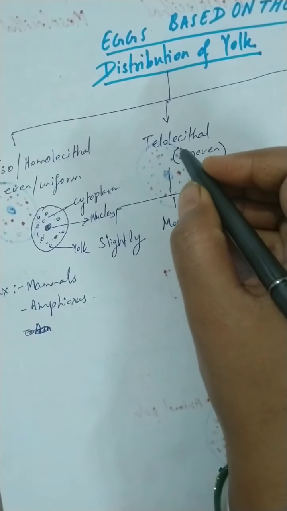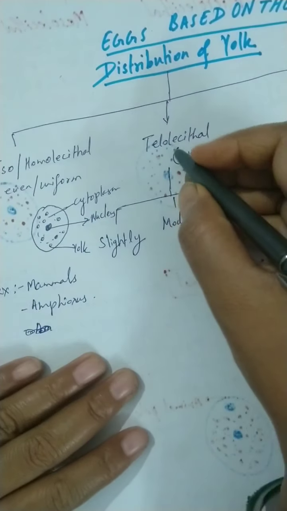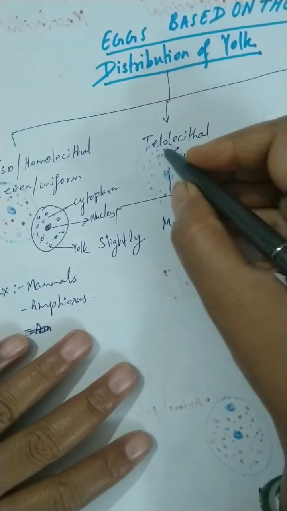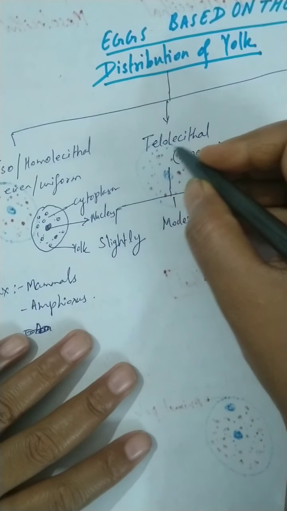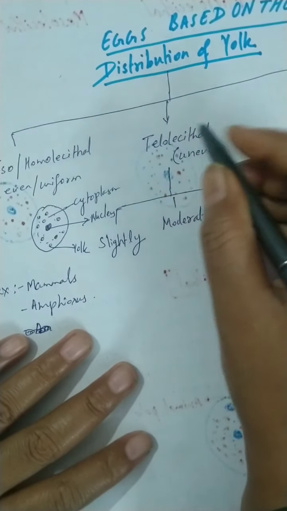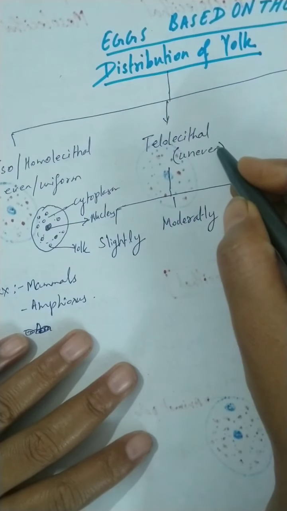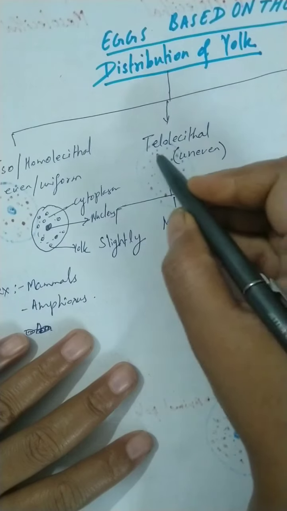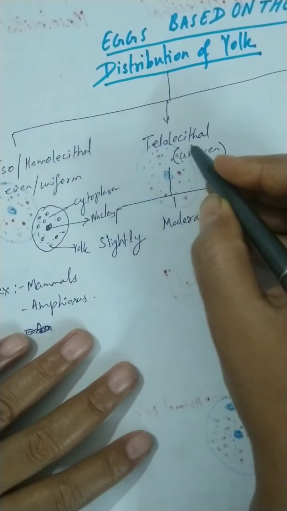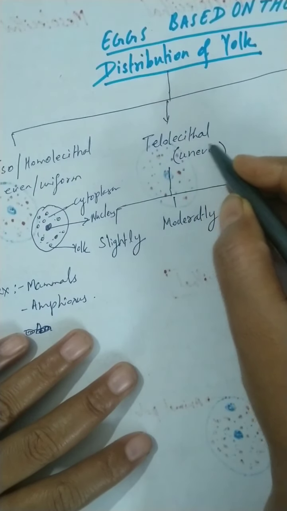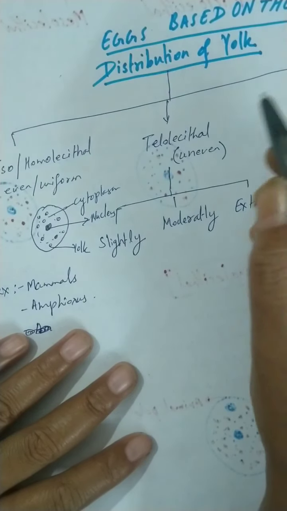Then the second type of egg classified on the basis of distribution of yolk is telolecithal. Telo means uneven distribution of yolk.